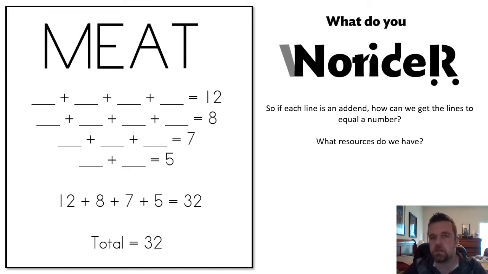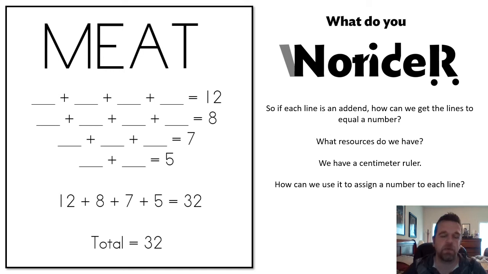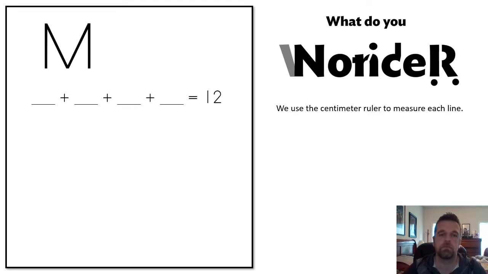And I notice that we do have a resource available, and it is a centimeter ruler. So how can I use that centimeter ruler to assign a number to each line? Well, we can use that centimeter ruler to measure each line.